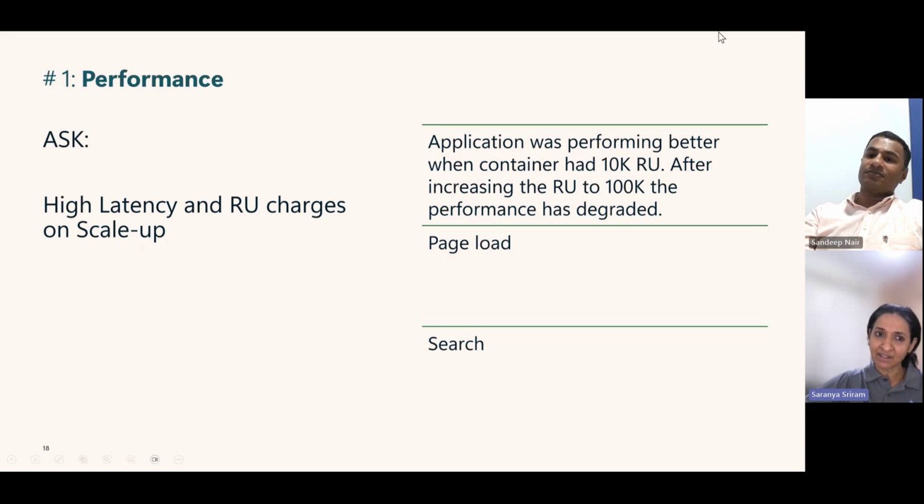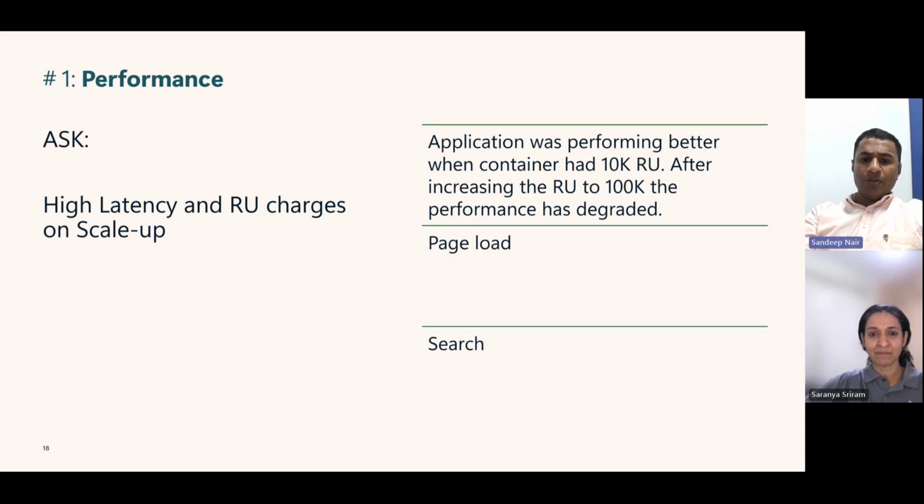After increasing the request units to about 100K, it's supposed to become better because you're giving it more request units to work through, but actually the performance has degraded, specifically on page load and on search patterns. So Sandeep, maybe for us to just see the app and then look at the page load and search, and then we can see what we should be looking at to analyze.